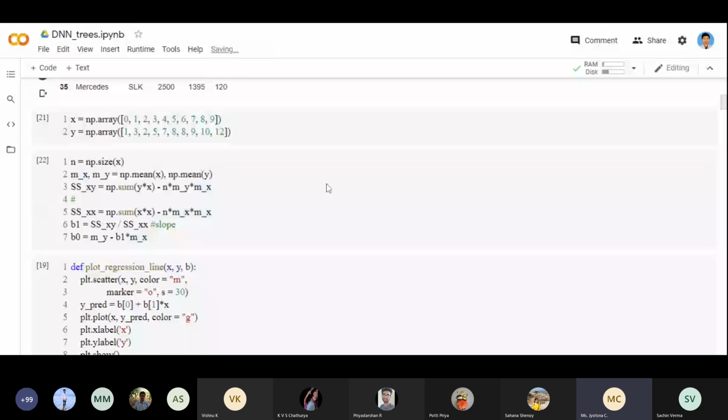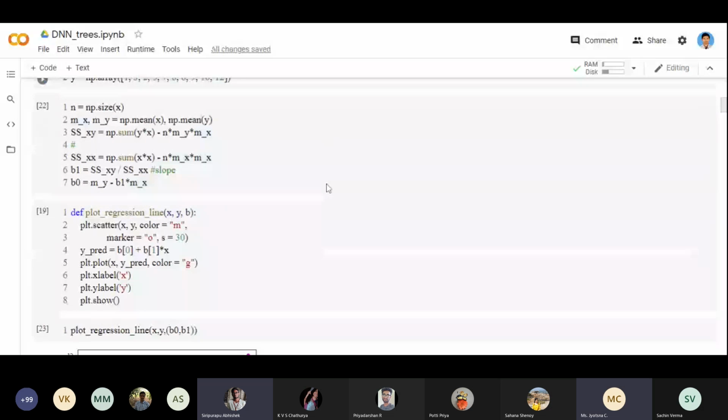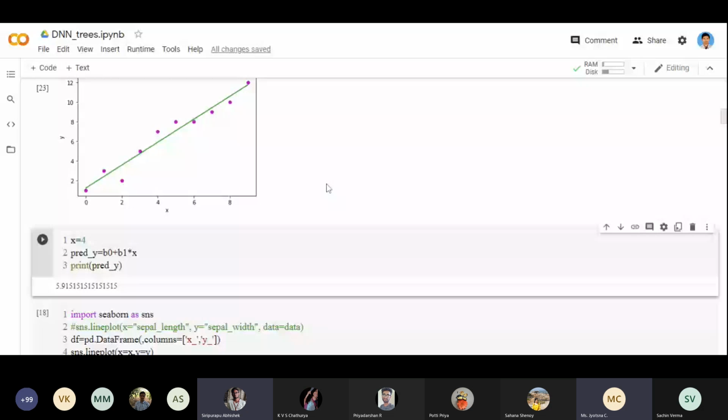But if we are using Python, we can directly use sklearn and the linear regression model. Yes, you can use it, but we are writing the code to understand the basic implementation. All the functions are available in Python, but since this is a lab, you try to implement it.